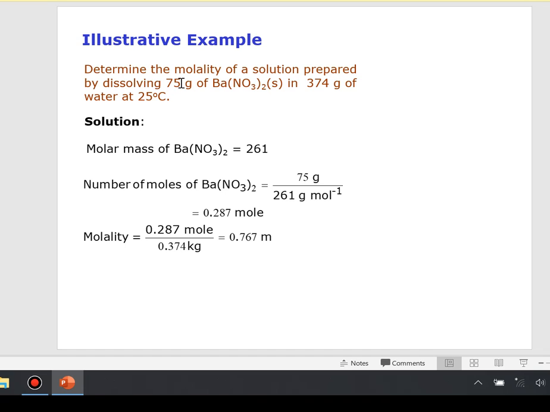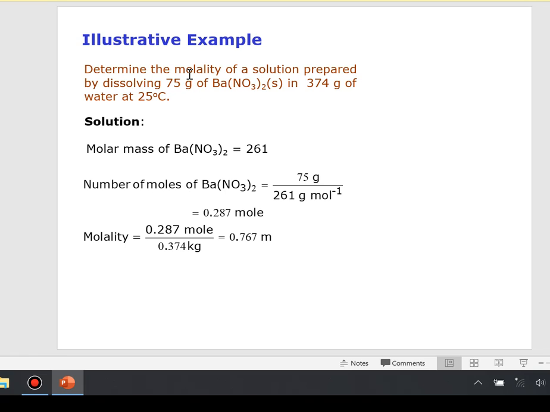Given is 75 gram, and you will calculate the molar mass of barium nitrate. Molar mass of barium nitrate is 261, and 75 gram is given. So you calculate the number of moles by dividing 75 by 261.